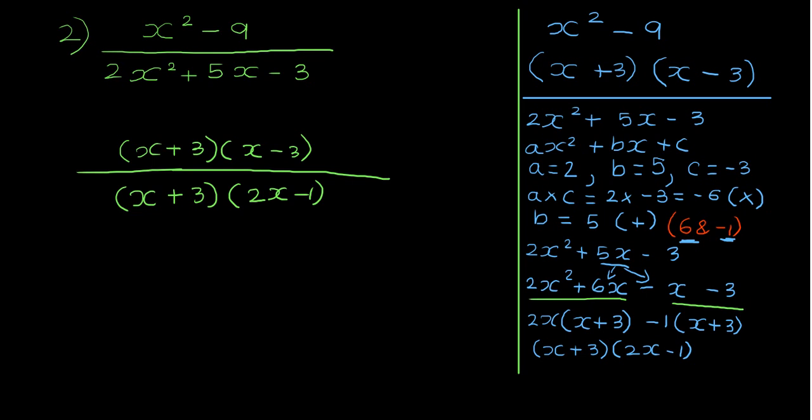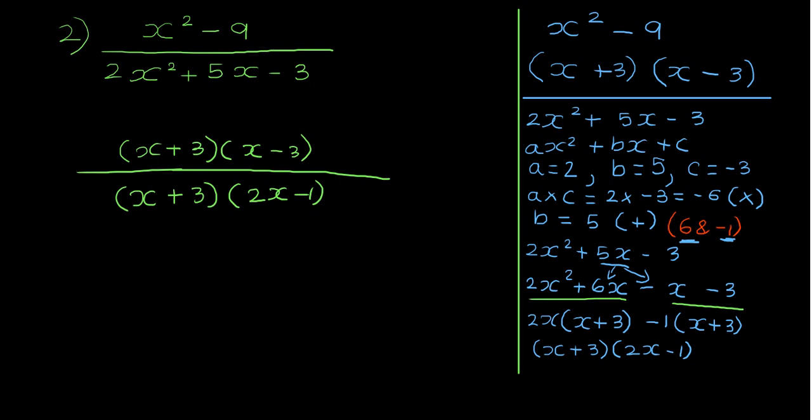Right, the reason we can do that is I can't cancel out the x. I can't cancel out 1x with 1x. That x plus 3 represents a number. That x plus 3 is multiplying by another number represented by x minus 3. And in the denominator, the x plus 3 is also multiplying by another number represented by 2x minus 1.